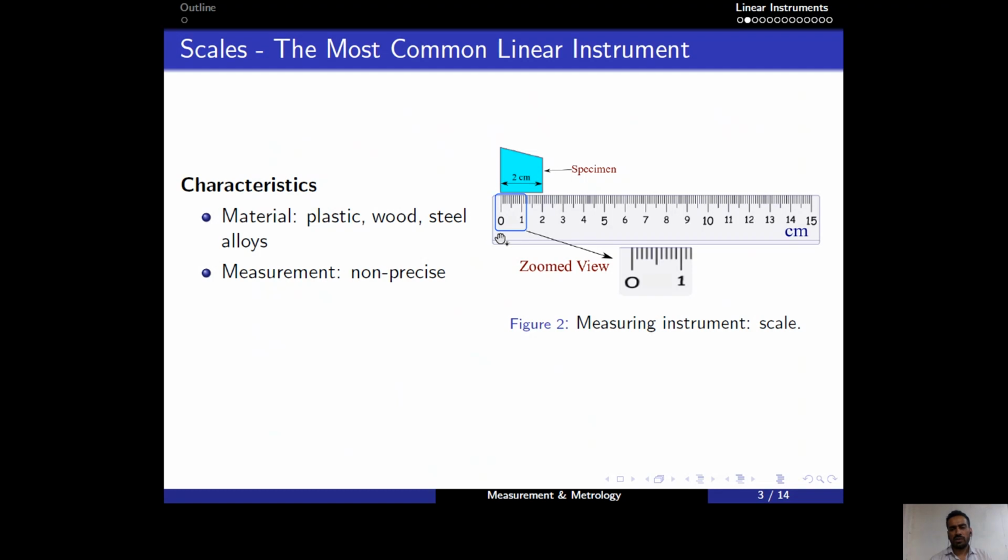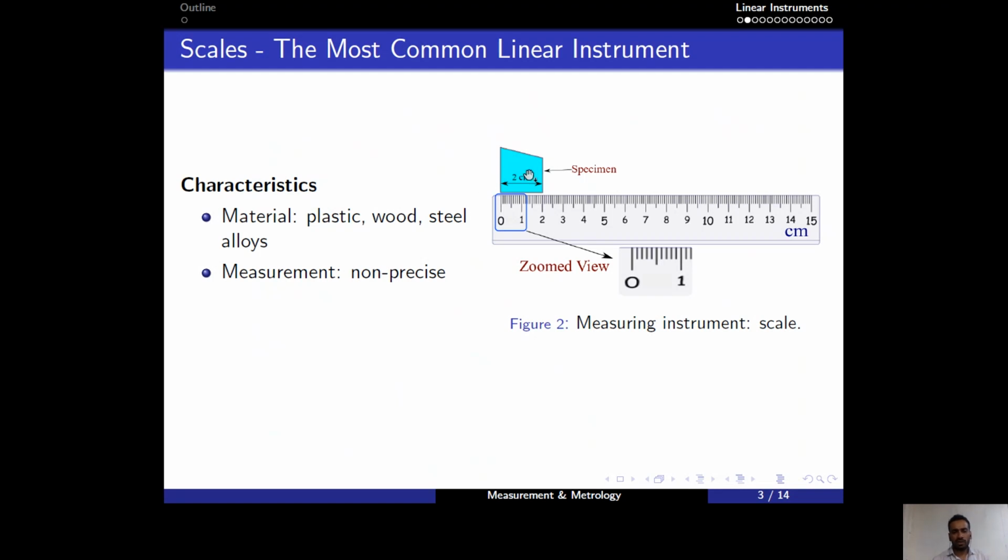Here you can see that using this particular scale I can measure from 0 to 15 centimeter. The maximum I can measure using this scale is 15 centimeter. So how can I actually do that? I have this specimen in green, which I have already specified.